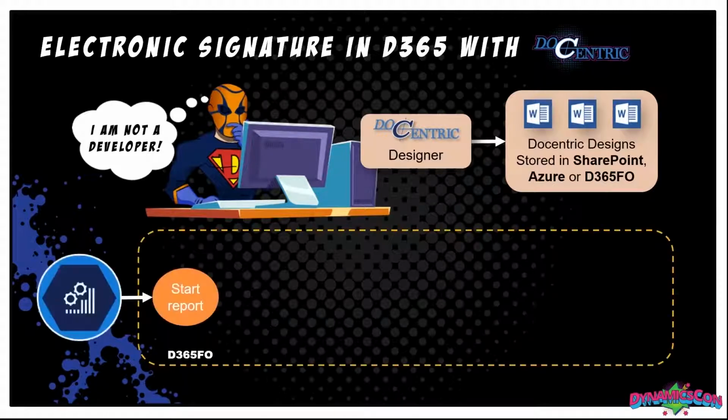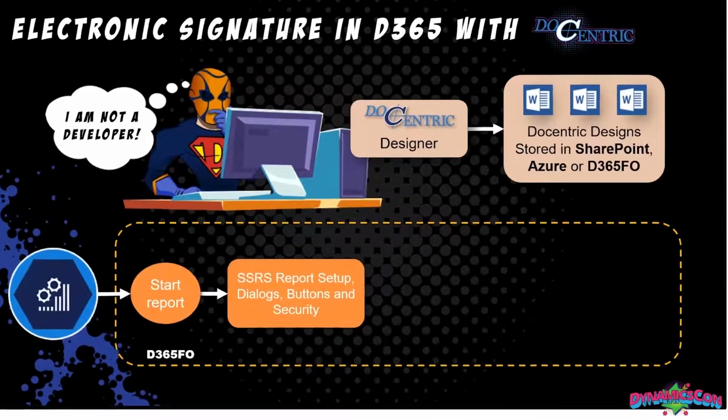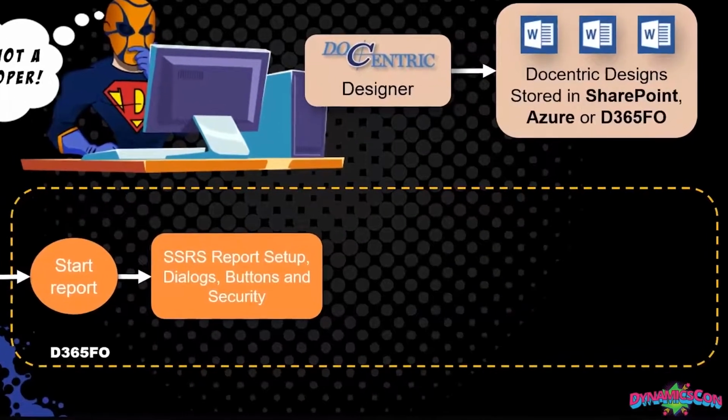As we have created those nice looking designs, let's see now how we can use them in D365. We start with a report and we will use everything that is already there in the standard D365, such as report setups, dialogues, buttons, and security, which actually means that you can expect a natural standard user experience when using Docentric.